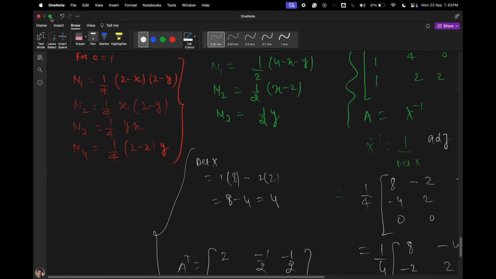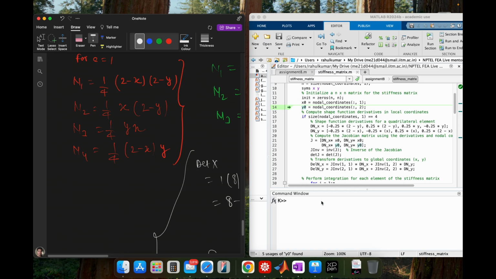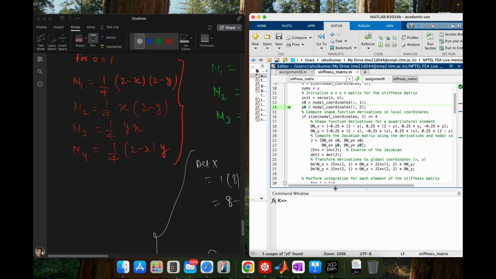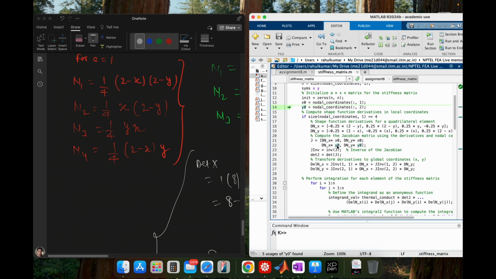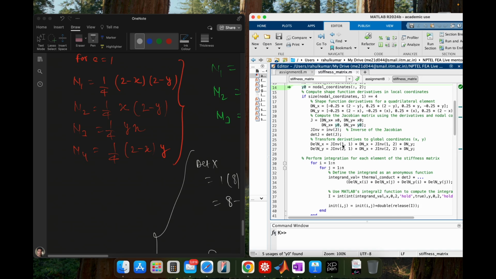Okay, so let's move to the MATLAB code. This is the derivative, because we have to find that, and this is the Jacobian, and the Jacobian is nothing but the derivative of n with respect to x. Not only the Jacobian, we also have to find the derivative, so this is the derivative of that Jacobian.